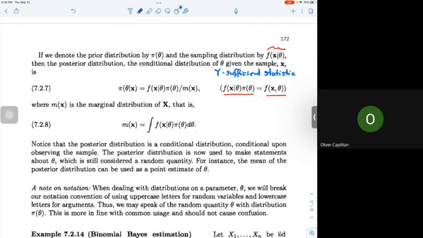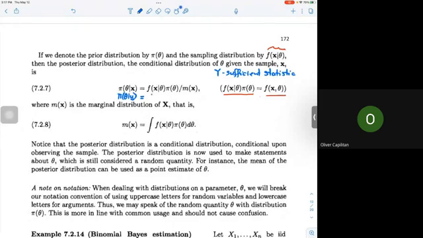statistic. So now we have this conditional distribution of theta given our sample x. We can say the conditional distribution of our unknown parameter theta given y, the value of our sufficient statistic.